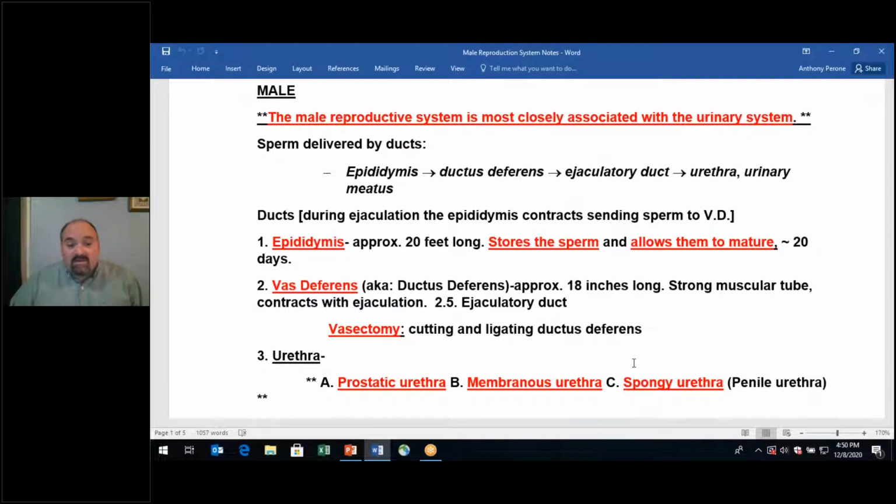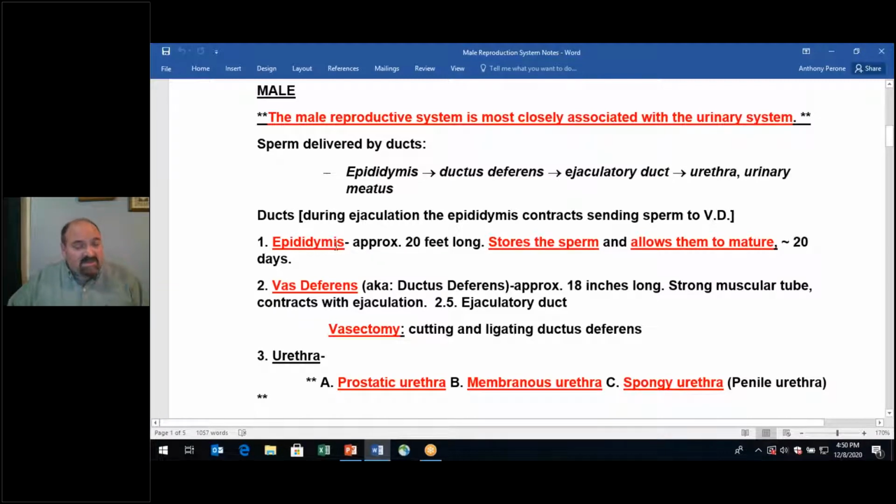The urethra is also a tube which the urinary system and the reproductive system will use in order to convey the ejaculate to the female reproductive anatomy. So interesting how both systems are being used. These tubes are being used.